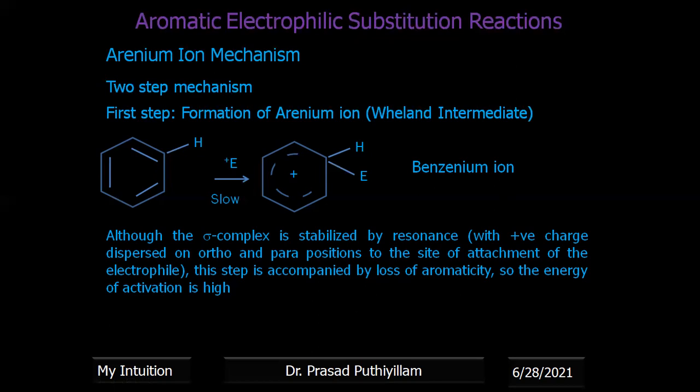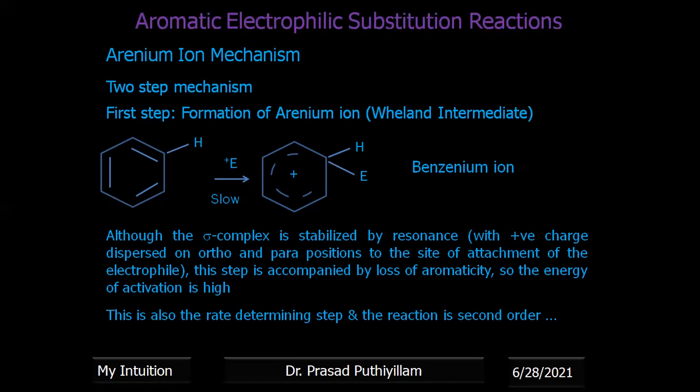Less stable means higher energy. It is having higher energy, or to form this benzenium ion, we need to supply more energy. Activation energy is required, the energy of activation is high. It is also the slow step, or we can call it the slow rate determining step. And in the rate determining step, we can see the benzene molecule is there, the electrophile is also there, two molecules are there.